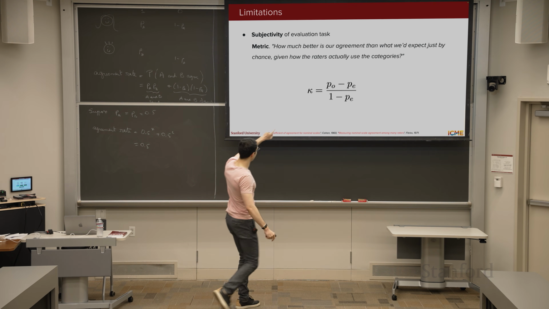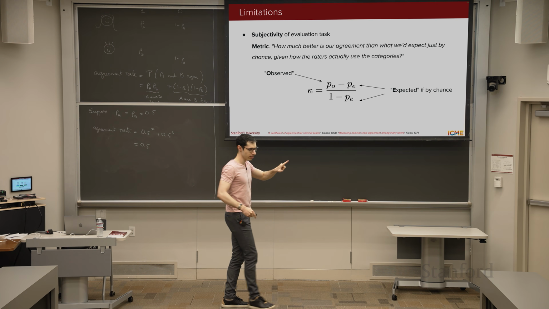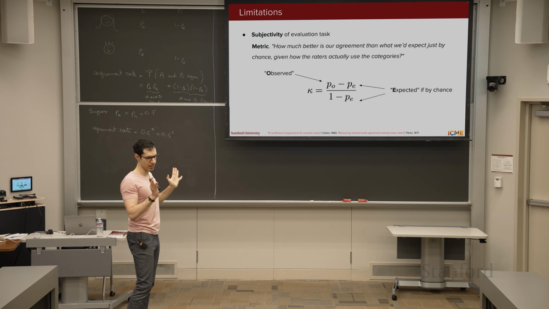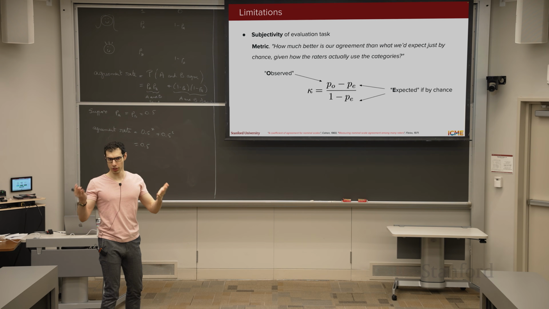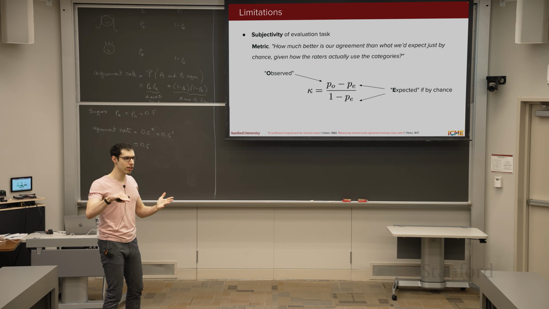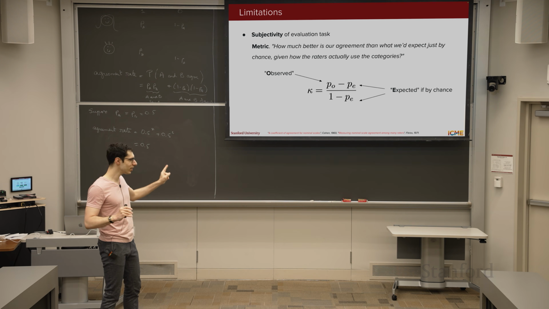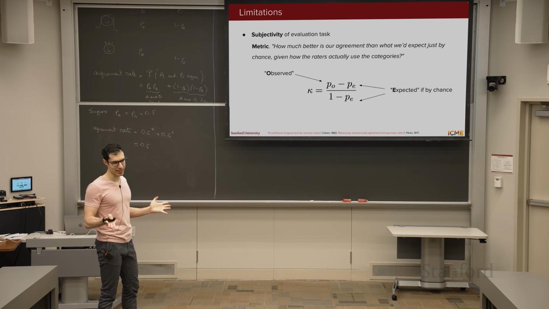So here, if the observed agreement rate is equal to 1, then kappa is equal to 1. But if our observed agreement rate is below the by pure random chance agreement rate that we saw on the blackboard, then our coefficient would be negative.